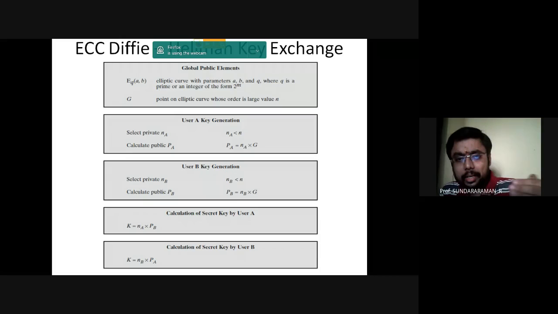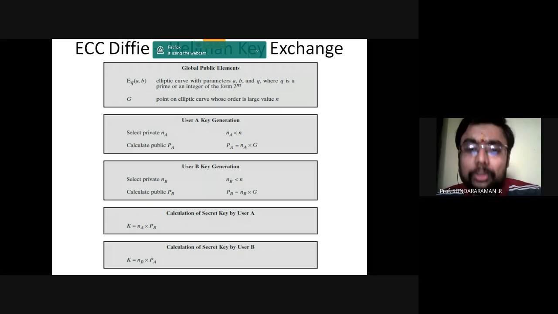And at user A, the first user is generating a key. User A with his private key NA will be computing the public key PA using the formula PA equal to NA into G. Of course, you can understand that this is a simple scalar multiplication process. What is NA? NA is a number chosen, and based on the condition, NA should be less than N. One equation suggests that N into G is equal to 0.